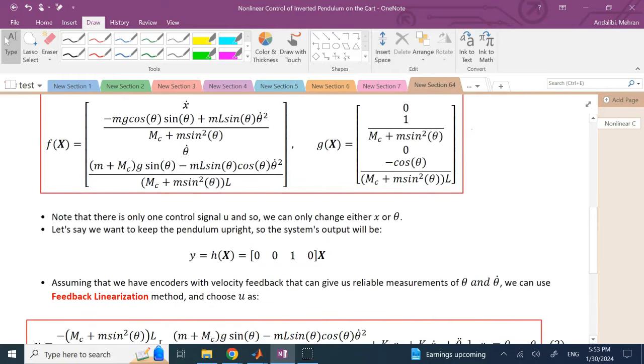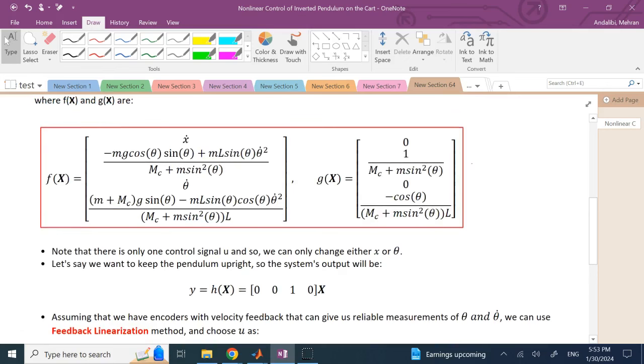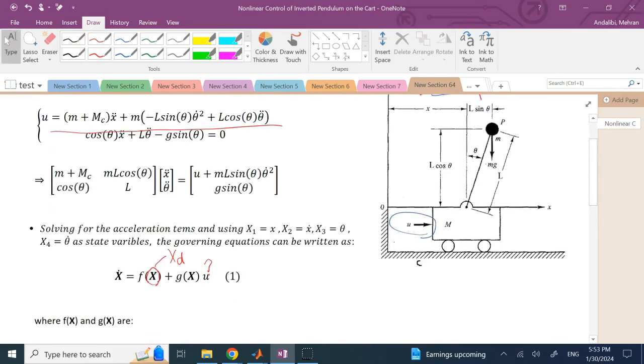Now, one thing we have to pay attention to is, although you have 2 degrees of freedom in the system, you only have one control signal u. Okay, you only have one control signal u. You don't also have a torque here. You don't have that, unfortunately.